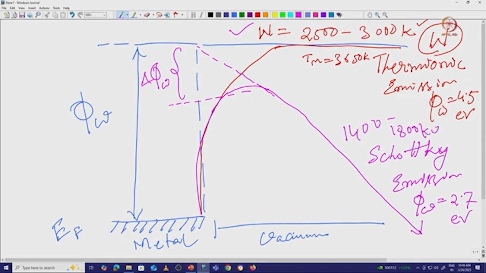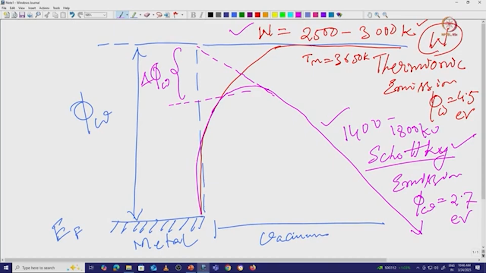The good thing is that with this much energy you are not damaging the filament and are not close to its melting temperature. It decreases the temperature, so it is not destroying the filament, and the beam will be much more coherent if you are not using very strong heat energy.